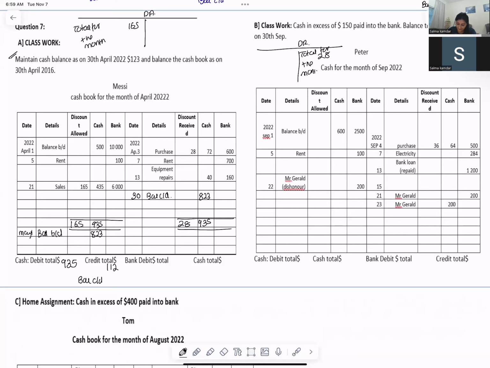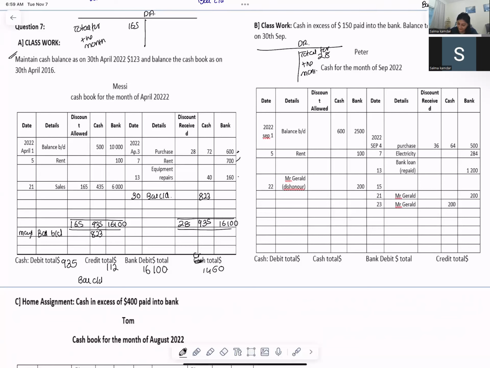Now let's close the bank account. The debit total of bank account is 16,100. And the credit total of bank account is 7, 8, 9, 10, 13, 14, 16. The debit of the bank is more, so I will write it on both the sides, 16,100.